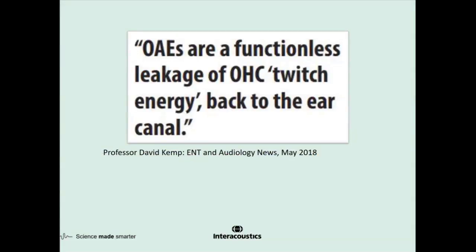As you can see, Professor Kemp very neatly encapsulates the phenomena that we're studying here: it's pure luck that the emissions are measurable in the ear canal, and fortunately that measurement gives us insight into the fact that these outer hair cells are adding energy to the system. It serves no purpose that some of that energy escapes, but luckily for us, it gives us a clear indication that the cochlea is working as it should.